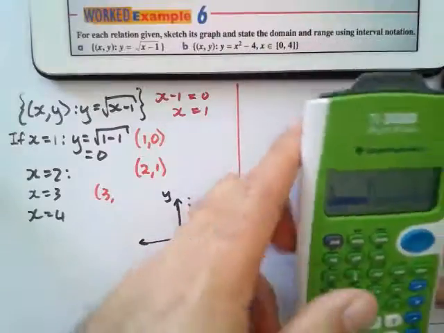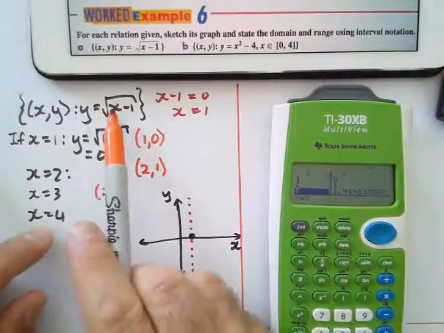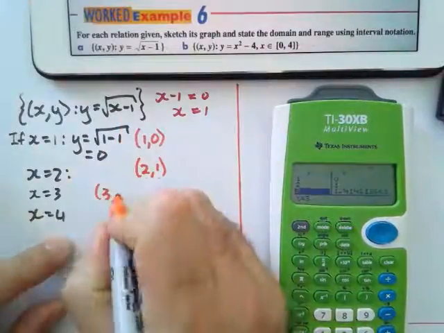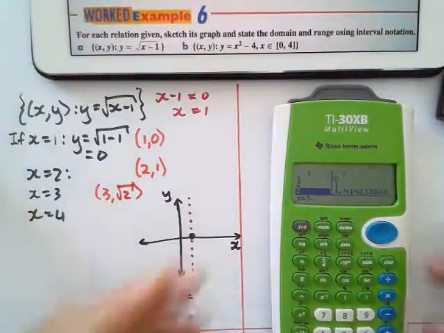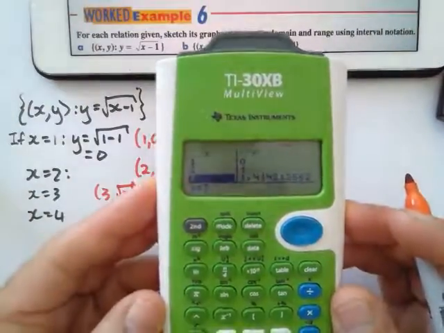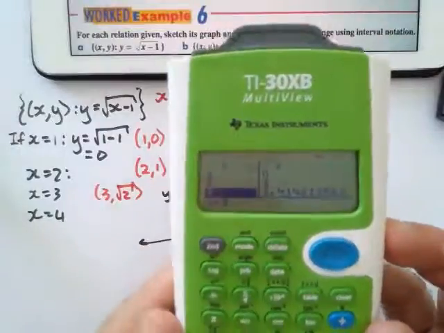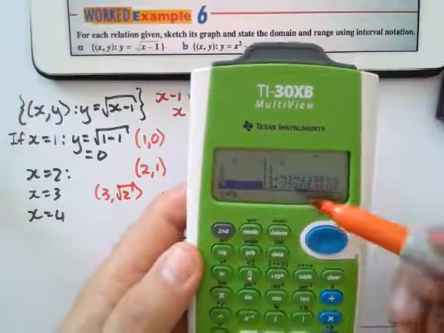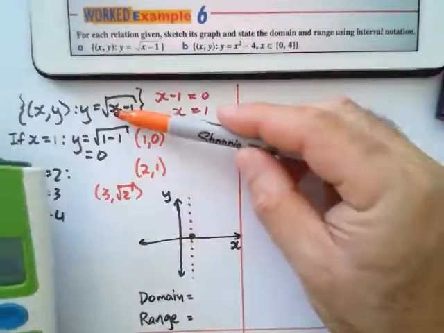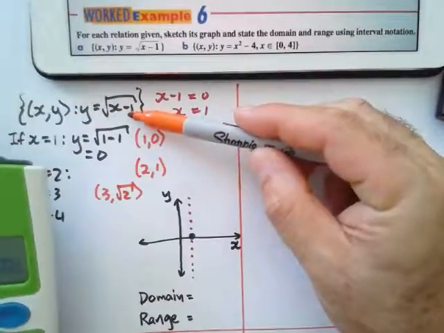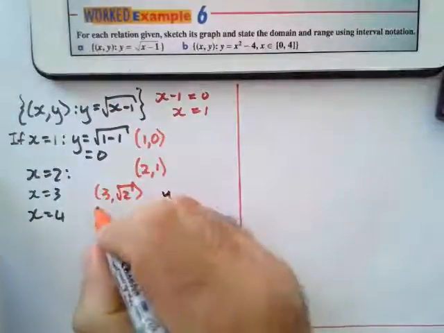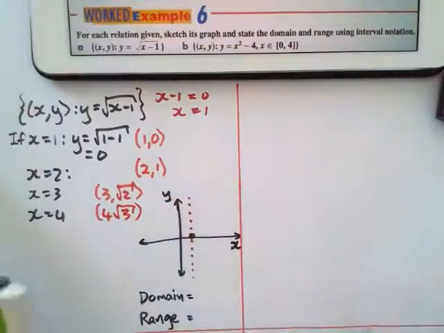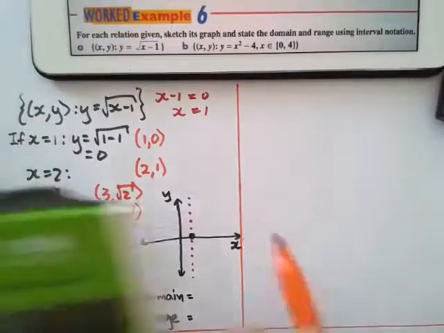If I substitute 3 into my equation, 3 take 1 is 2, and the square root of 2 is my y value, which rounded off is 1.41421. If I put 4 in there, it gives another weird one, so we check: 4 take away 1 is 3, which means the y value will be the square root of 3. So now I have points and I can quickly have a look at how it looks.